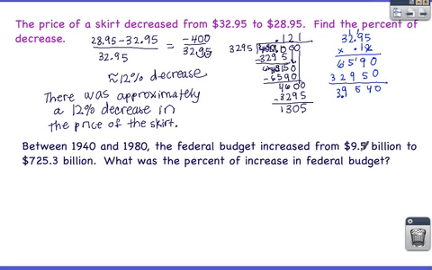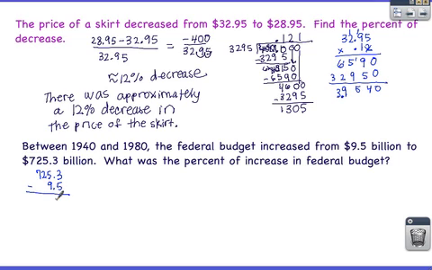Now for our next one, between 1940 and 1980, the federal budget increased from $9.5 billion to $725.3 billion. What was the percent of increase in the federal budget? Well, first we're going to find the amount of change. The amount of change is 725.3 minus 9.5.